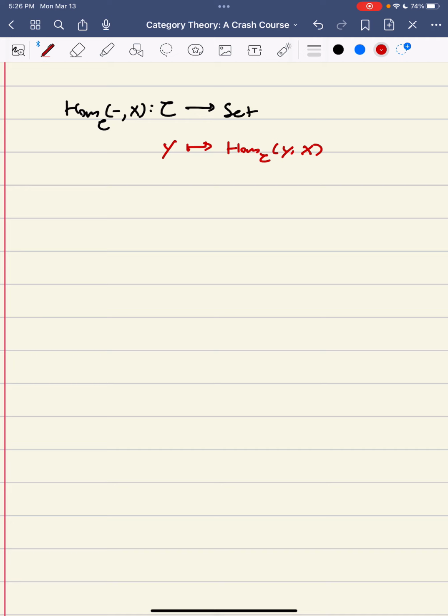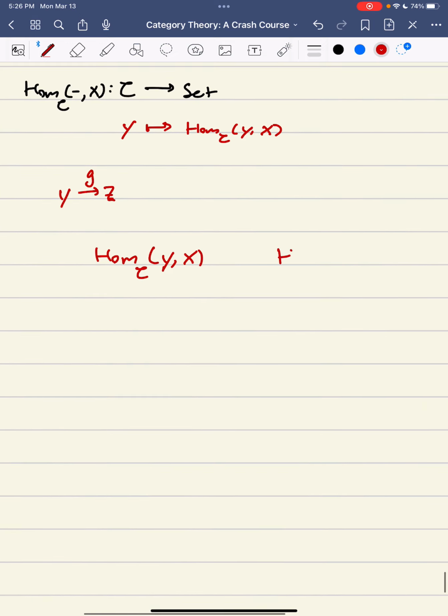Well, let's see. If I've got a morphism from Y to Z, and I want a function between these two sets, how do I produce one?